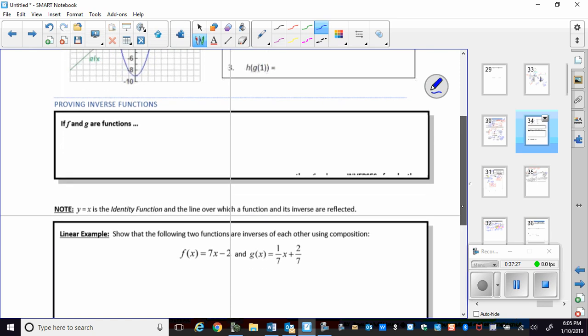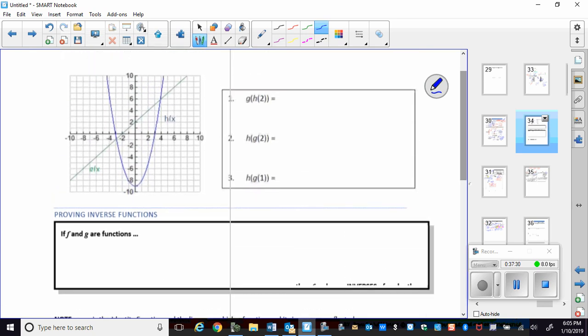For the last one, we're looking at g of h of 2. So here, x equals 2. What we're going to do is find h of 2 first. So h of 2, the y value at 2. So here's 2, and the y value here is 0.